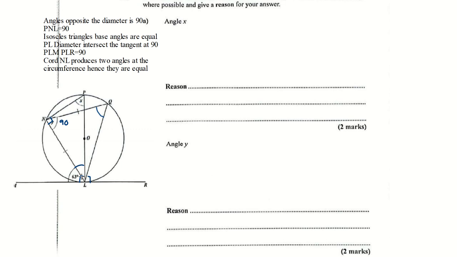So this angle here, PLN, so PLN plus PNL plus NPL is equal to 180. PLN, we don't know as yet. That would be 90 minus 63. You seeing that?